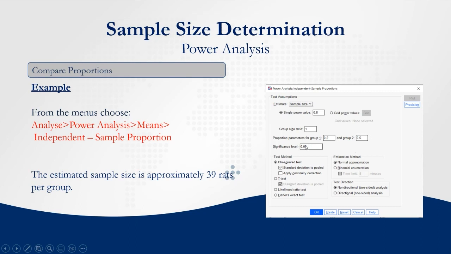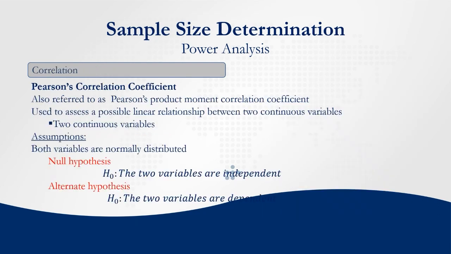The level of significance, and the test, as I've said, would be a chi-squared test. So you specify the method of analysis, and then you are able to compute your sample size. It's telling you that you're going to get 39 rats per group. So with each case, it's going to differ.